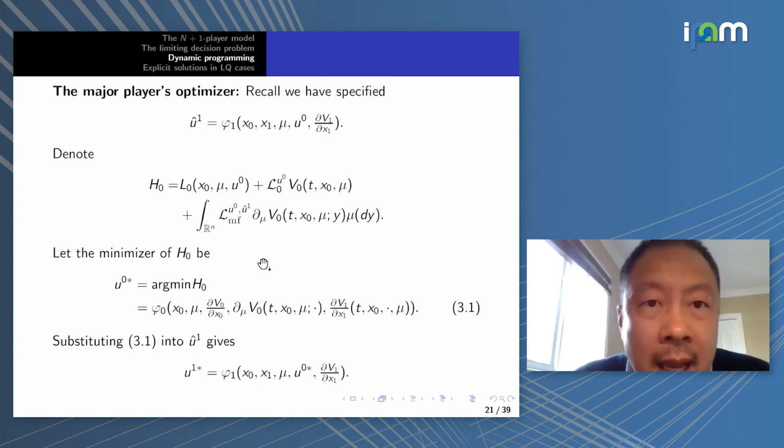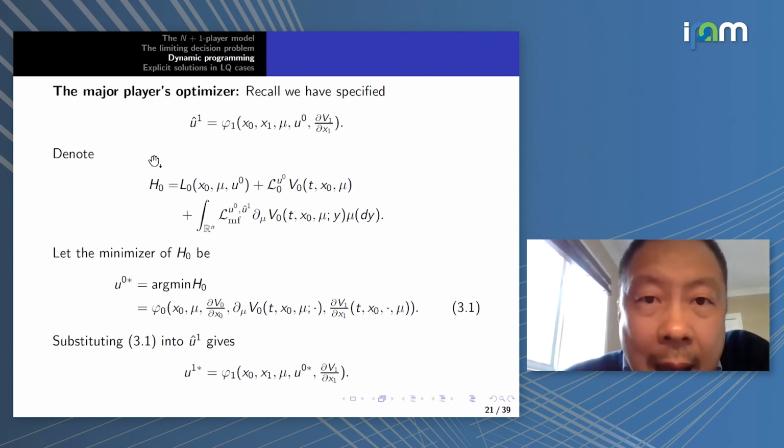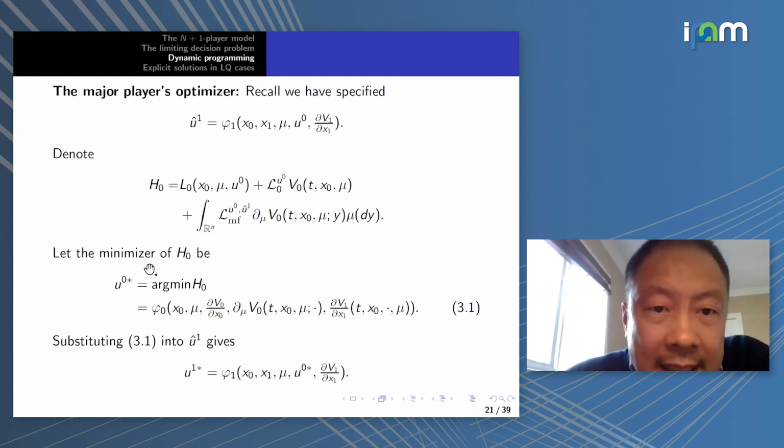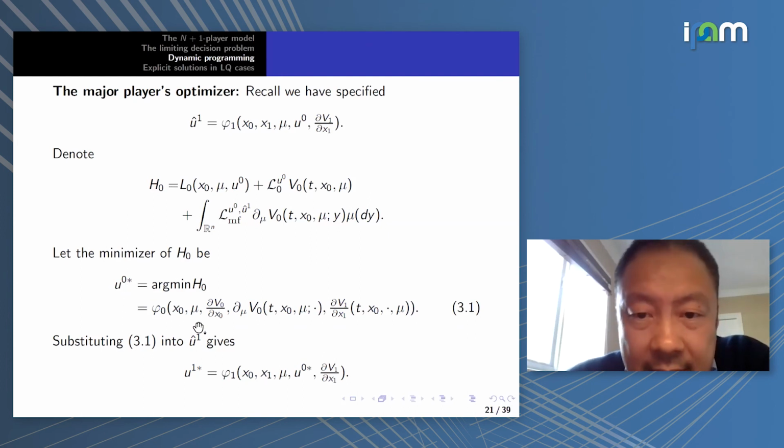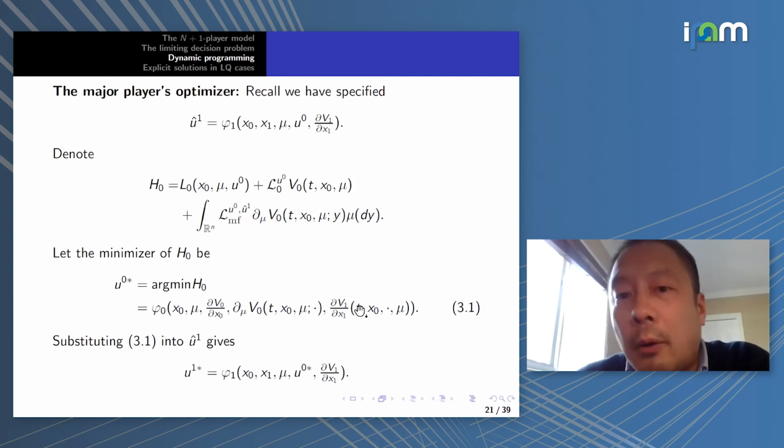And then we continue to update the strategy of the major player. Given the choice of the optimizer of the minor player, the major player tries to optimize. In the end, it gets something depending on the state, mean field, and so on.